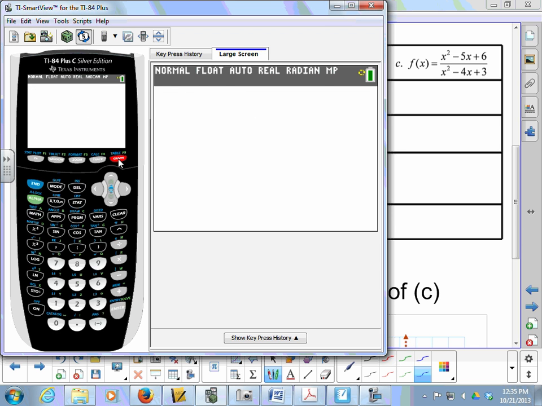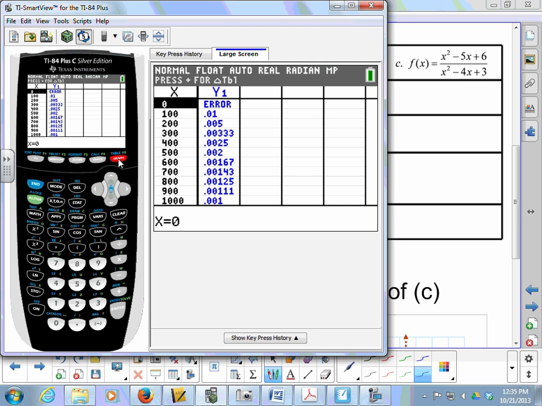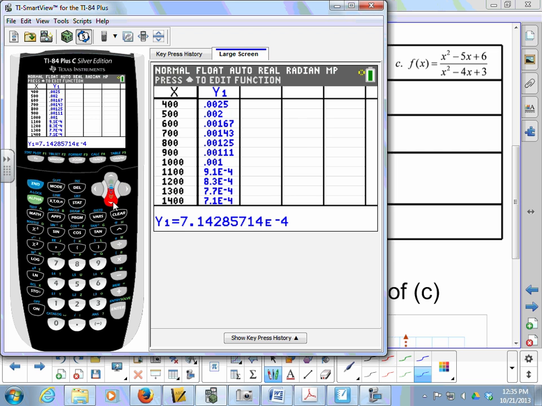So what happens as the value of x gets bigger and bigger and bigger? What's happening to the value for y? It's getting smaller. Is it going into the negative numbers? No. So in other words, when it gets smaller, it's getting closer and closer to what number? 0.